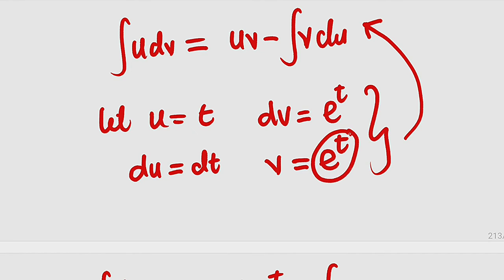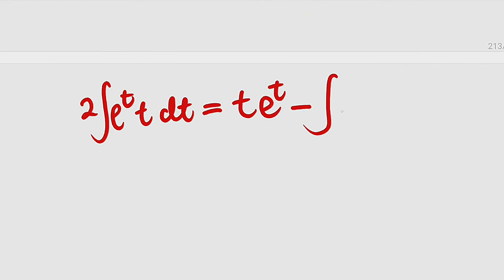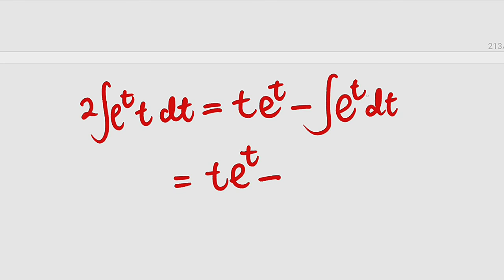That is v. Where is the u? That is e to the t dt. This is equal to t e to the t minus, if you integrate this, it will not change. So we have e to the t plus the constant of integration.